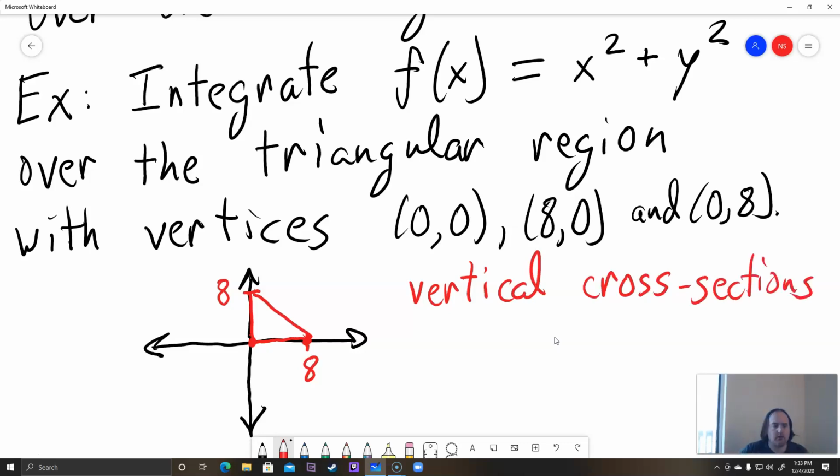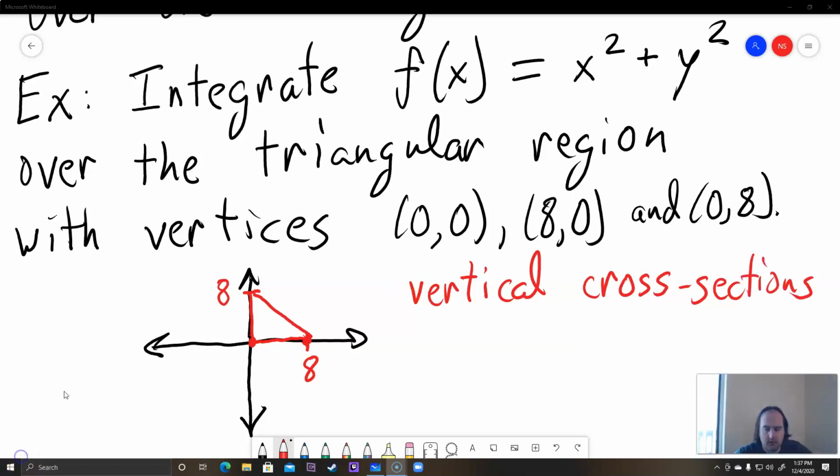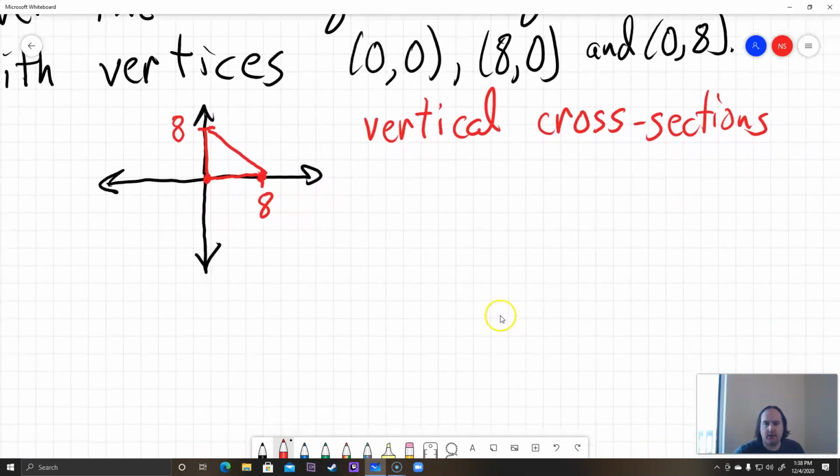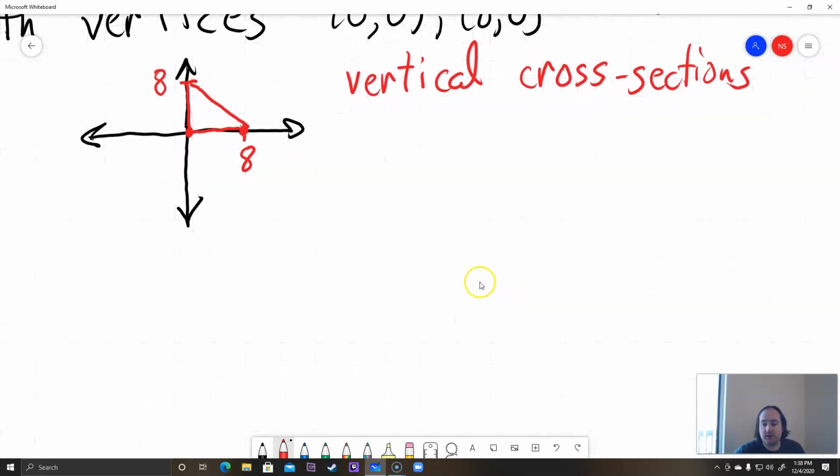Anyway, we're going to actually have to figure out what this function is up here, what that line is. But since we're doing vertical cross sections, that means we need to solve for y. Okay, so solve for y when we're writing our functions.